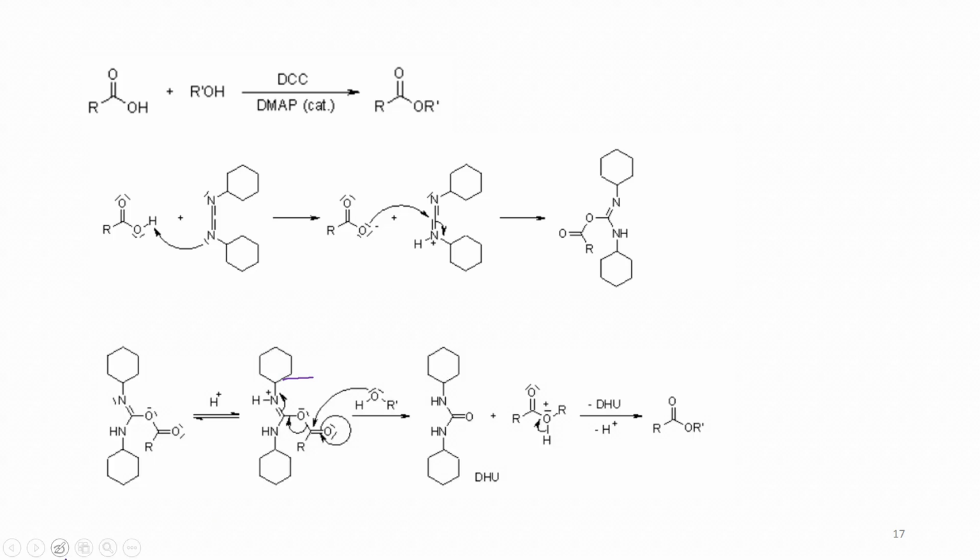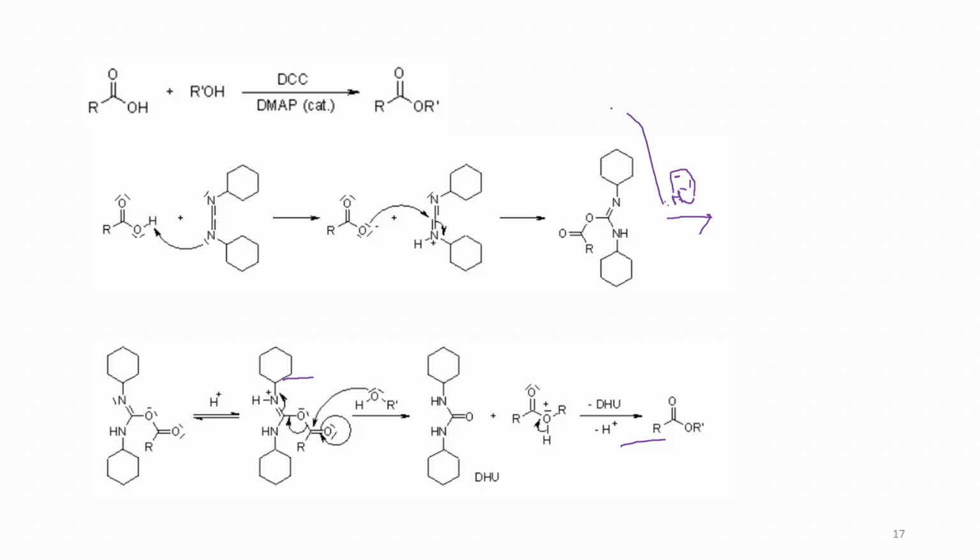After that, this intermediate gets protonated again and the alcohol will attack here and remove the urea from the system, and we get our ester product. In this case, after the formation of this step, DMAP can also attack this, enhancing the nucleophilicity in the reaction.